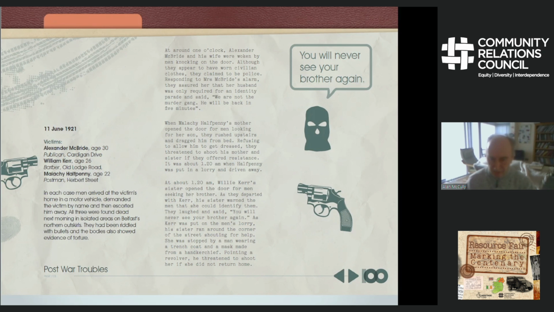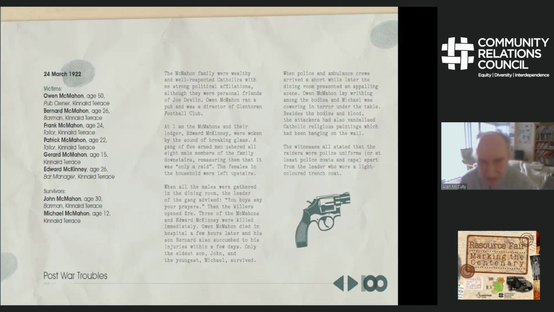Obviously I won't go into all the details in the short time we have available. Or the even more infamous killing of the Mahan family and the attack that took place. All the evidence gathered here is a summary of eyewitness accounts at the time.